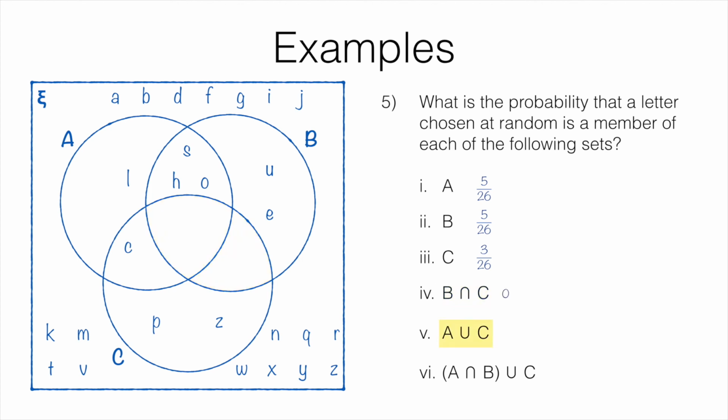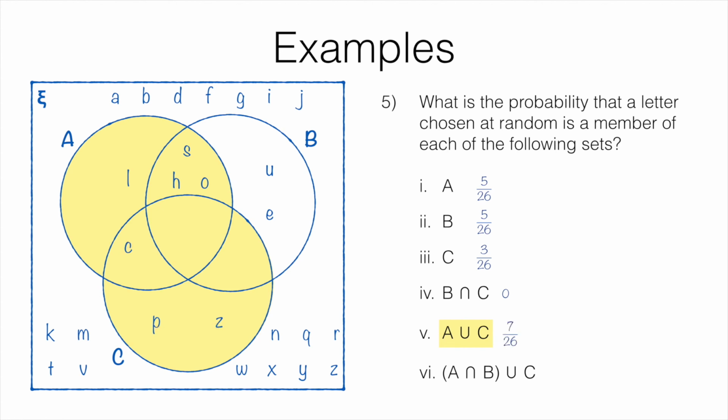For part 5, we are looking at the union of A and C now. So that is the set containing all of the members that belong to A or C or both A and C. And that is this region here. Now this region has 1, 2, 3, 4, 5, 6, 7 elements.